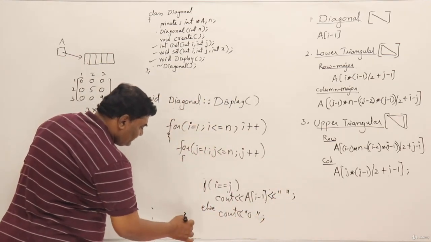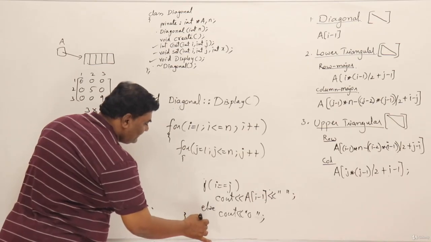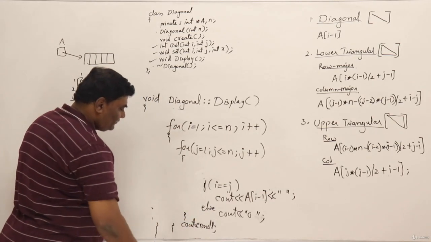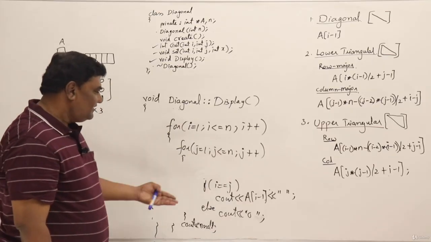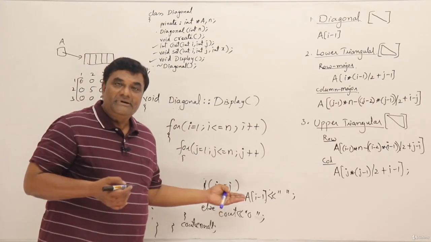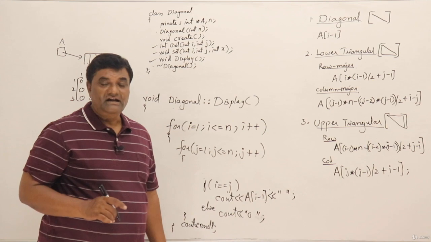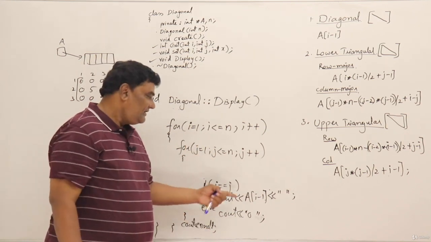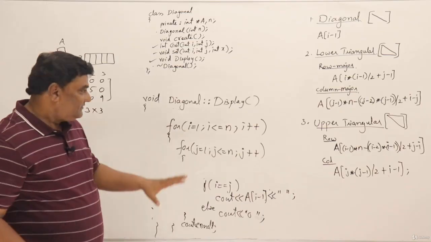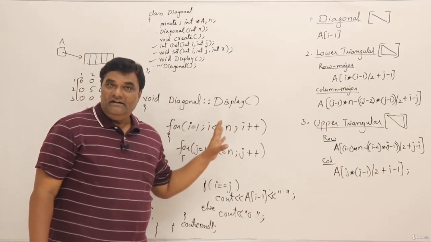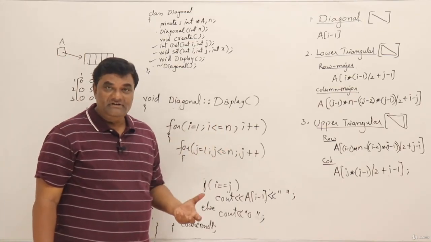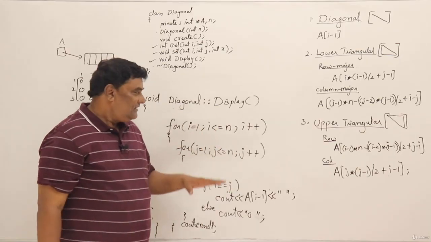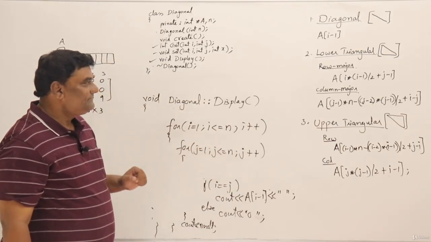Then after the first for loop, say cout endl, and end of two for loops and the function. So this code will print the matrix, and it will print the complete matrix with all the elements, zeros as well as non-zeros, everything it will be displaying. Now again, instead of showing just non-zero elements, I am showing zeros also, that is coming as a print on the screen. This is for diagonal matrix.